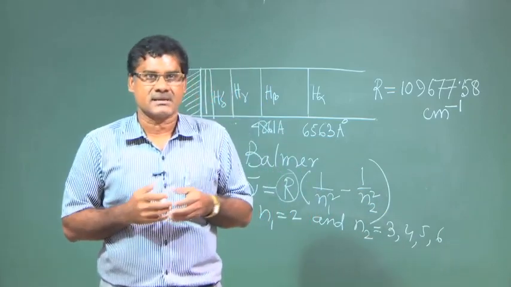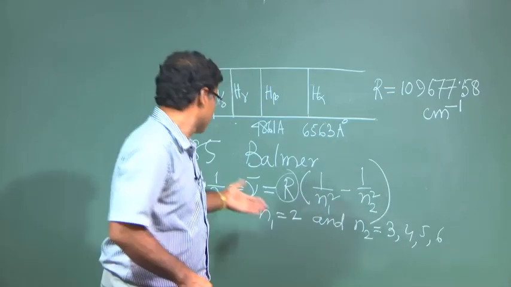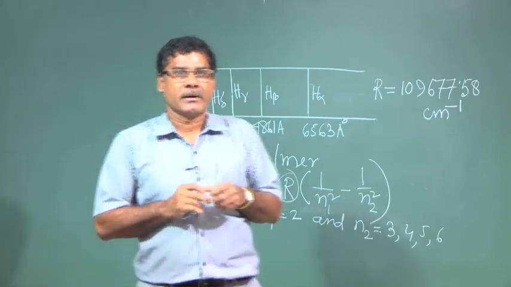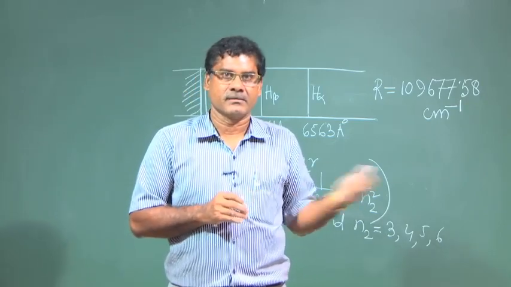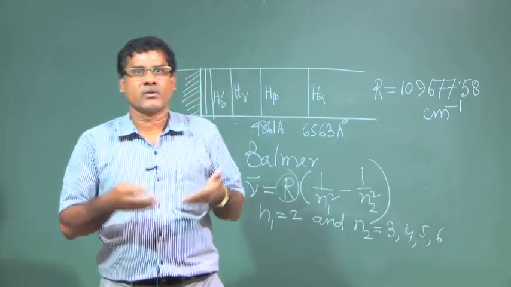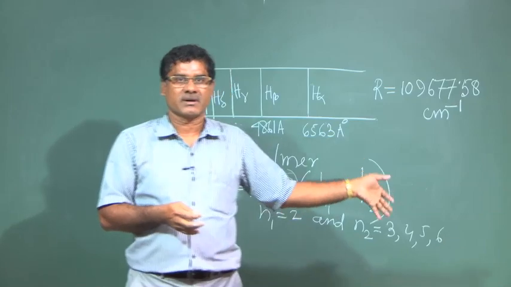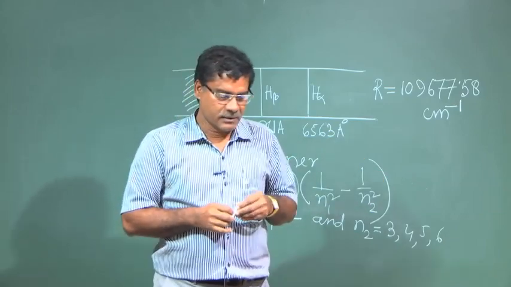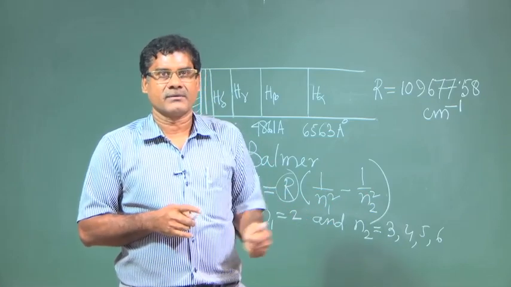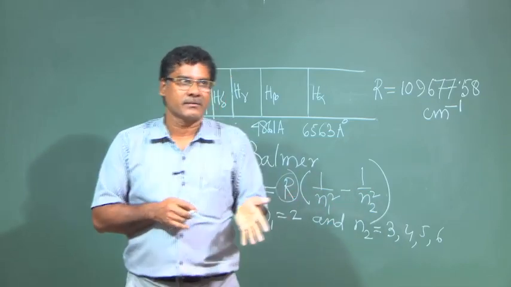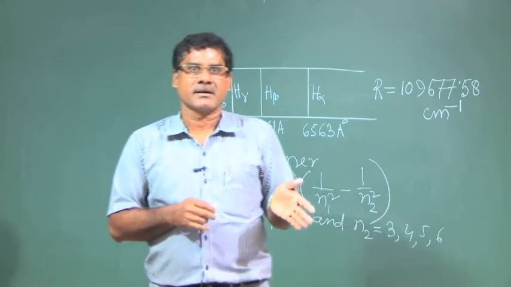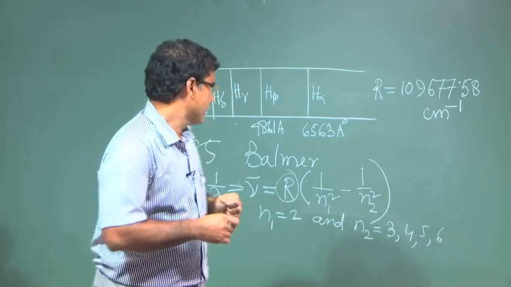There is no basis for it, because in 1885 nothing was known about the atom. The electron was discovered in 1897, the proton in 1911, and the neutron in 1932.